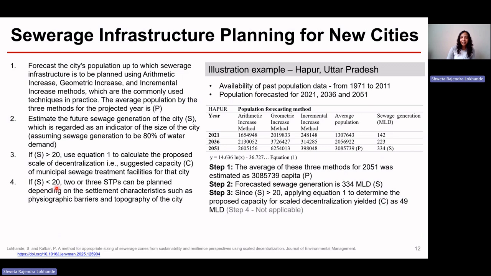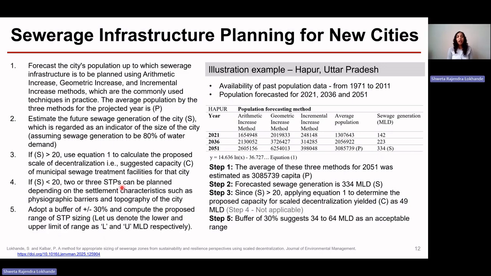In the case when S is less than 20 mld, two or three STPs or more, depending on urban settlement characteristics such as physiographic barriers and the topography of the city, can be assessed to recommend and propose the STPs. Next, a buffer of plus or minus 30% is suggested, denoted as L and U for a given city. For Hapur, this buffer yields the range of 34 to 64 mld as an acceptable range.